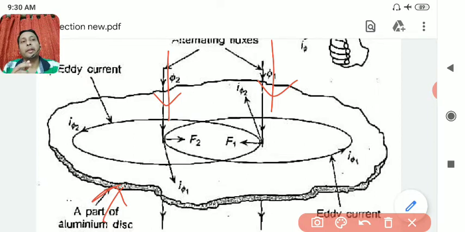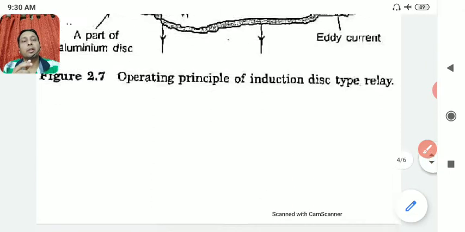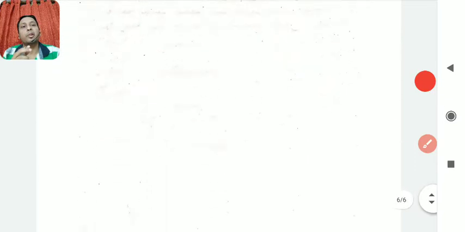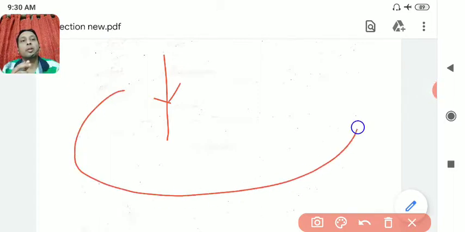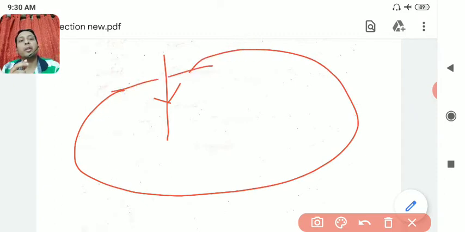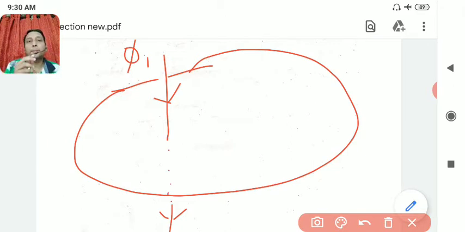Let us draw it on a single blank sheet. Let me draw it from scratch, then you will understand it. Suppose this is my aluminum disc. If you are passing a flux phi 1 through here, how will the eddy current flow through it, and what will be the direction?